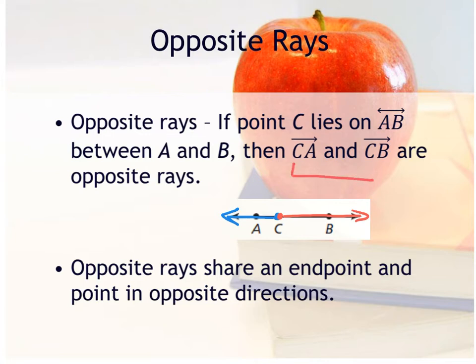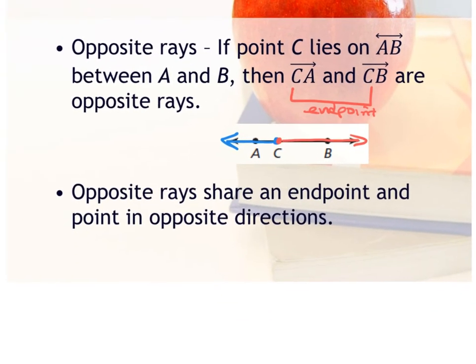Notice the first letter in each of the rays is the same. Opposite rays share an endpoint and point in opposite directions. So this letter that they both have in common is your endpoint. It's really your starting point if you want to think of it that way.